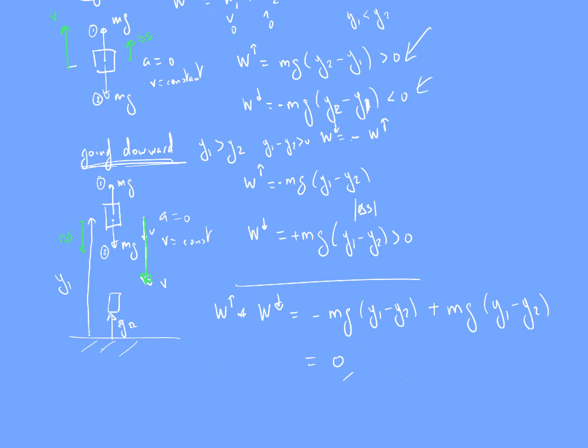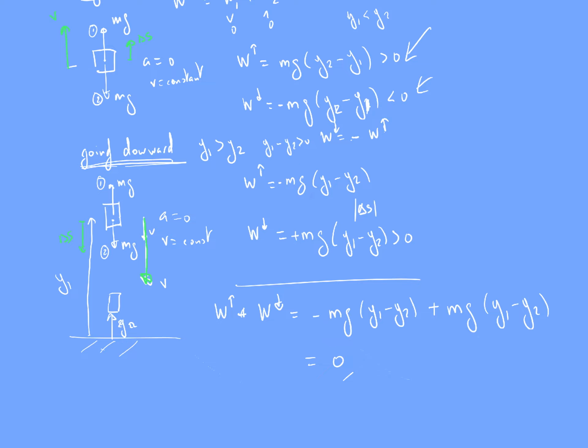So the work that this force that is going up is doing from here to here is negative, while in going from here to here, the work of the weight is positive, and the total work is 0. So the change in the kinetic energy should be 0.